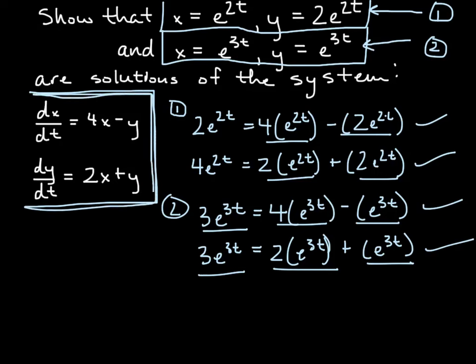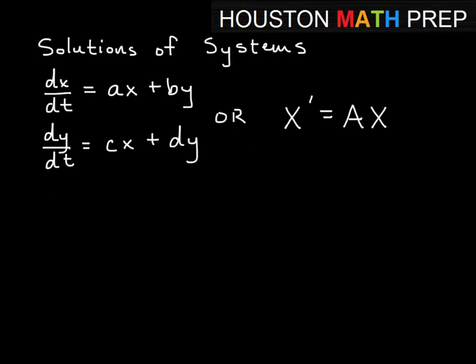And it turns out that these are not just the only two. In fact, if we look at either of these, option 1 or option 2, any constant multiple of those expressions will also be a solution as well. So as we start moving toward solving these equations, we'll have some system of differential equations, whether it's written out one way or the other.